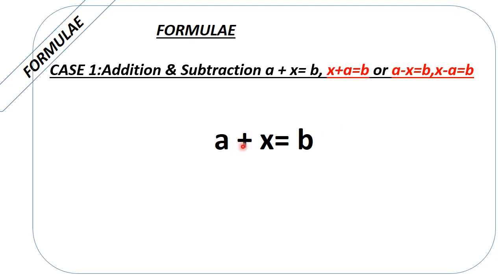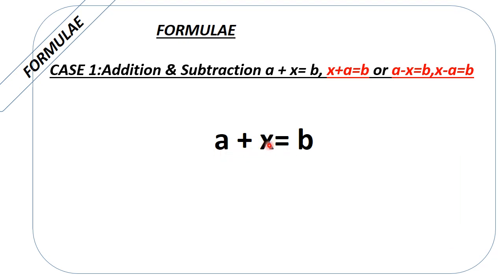So we have a plus x equals b. What it means to make x subject of the formula is we want x to be on its own. So wherever x is going to be, it should be without other terms. For example, in here we have a plus x.